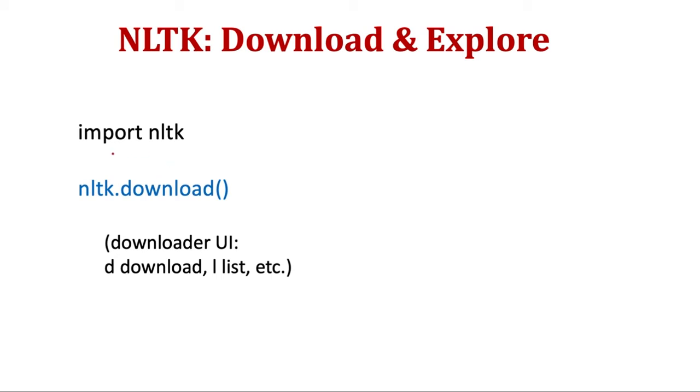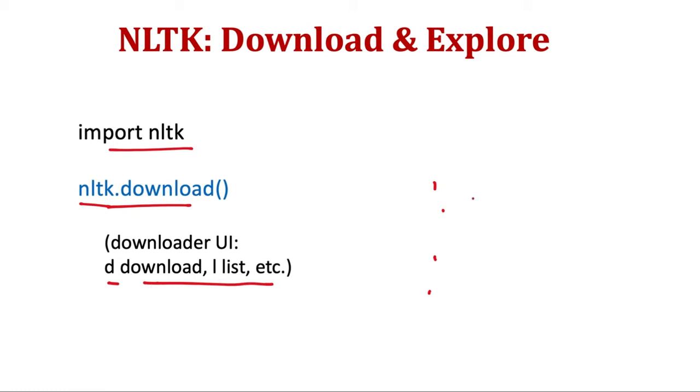Now, once you have installed it and imported NLTK in your Python code, you can download it and explore the package. So once you write nltk.download, some UI will come, downloader UI, and it will give you some list of packages. And if you are doing it in Google Colab notebook, then it will again be this kind of list, like D for download, L for list.